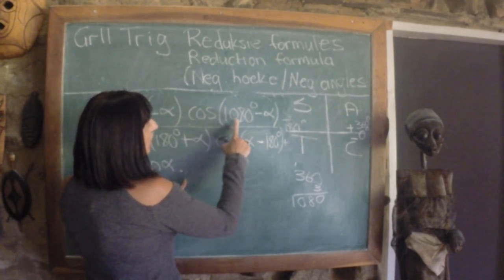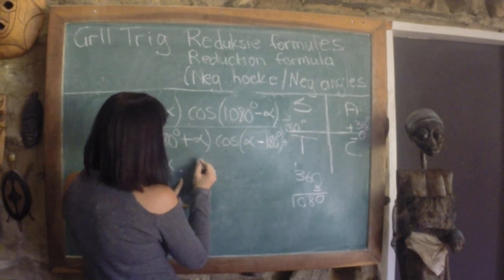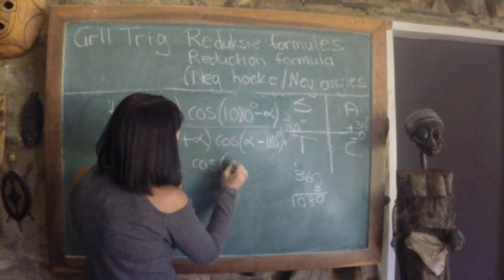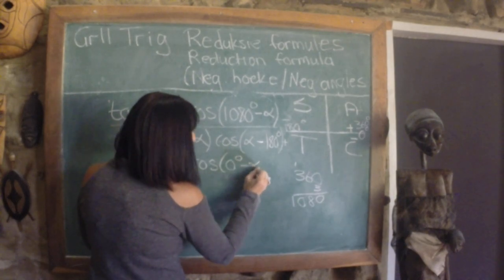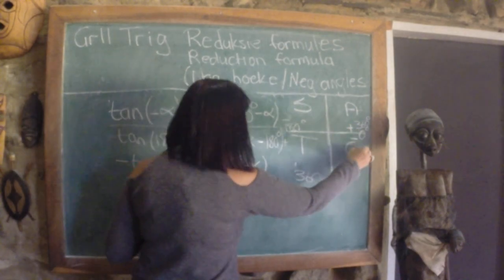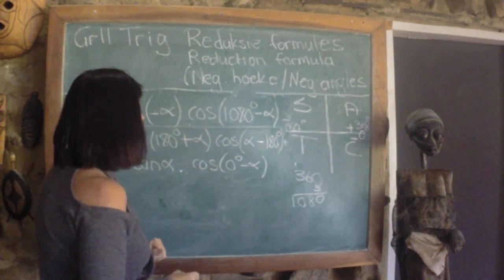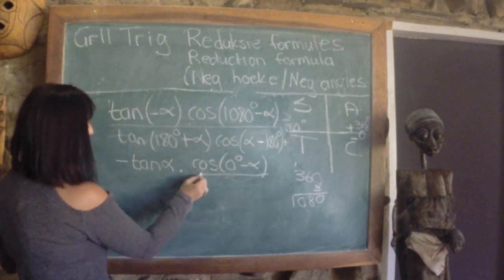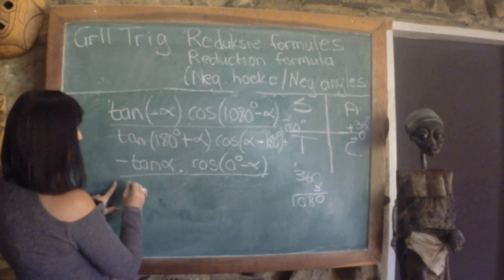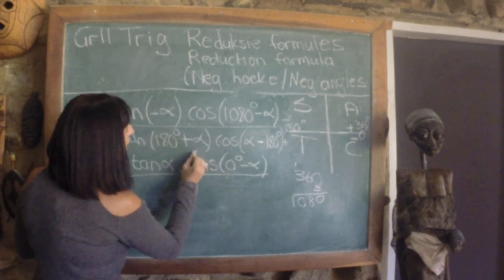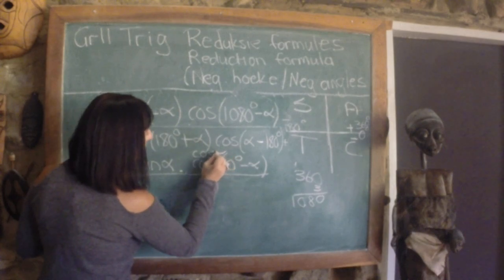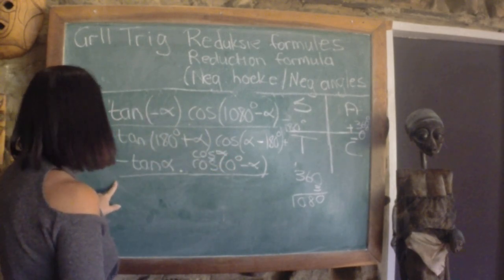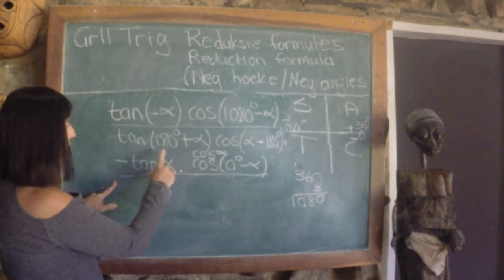So the cos of 0 degrees minus alpha puts me in the 4th quadrant, and daar is cos positief. So that will give me cos of alpha, if I simplify it with my reduction formula.